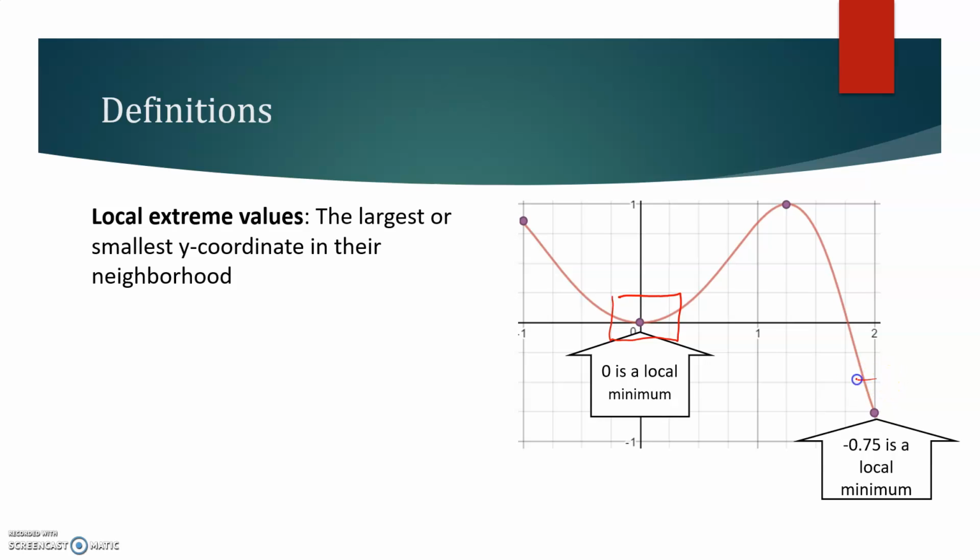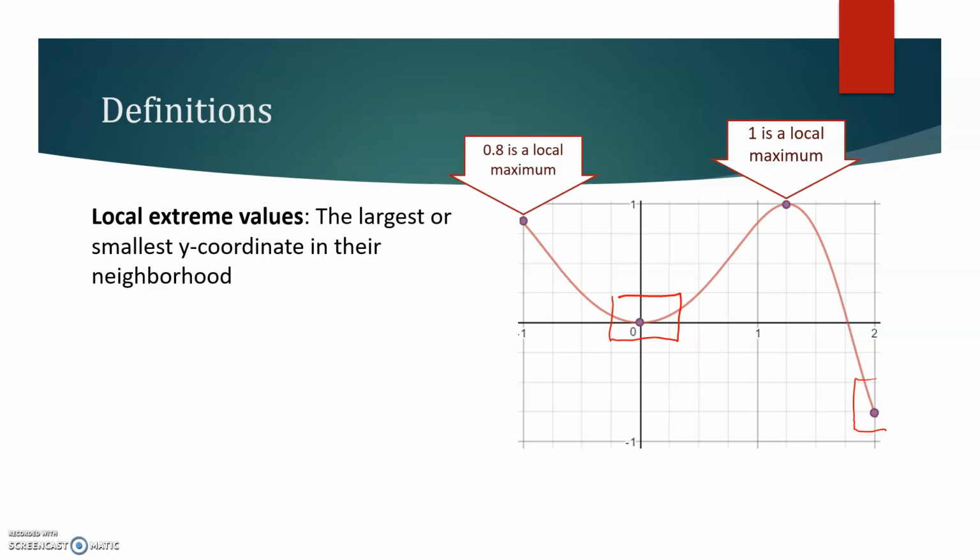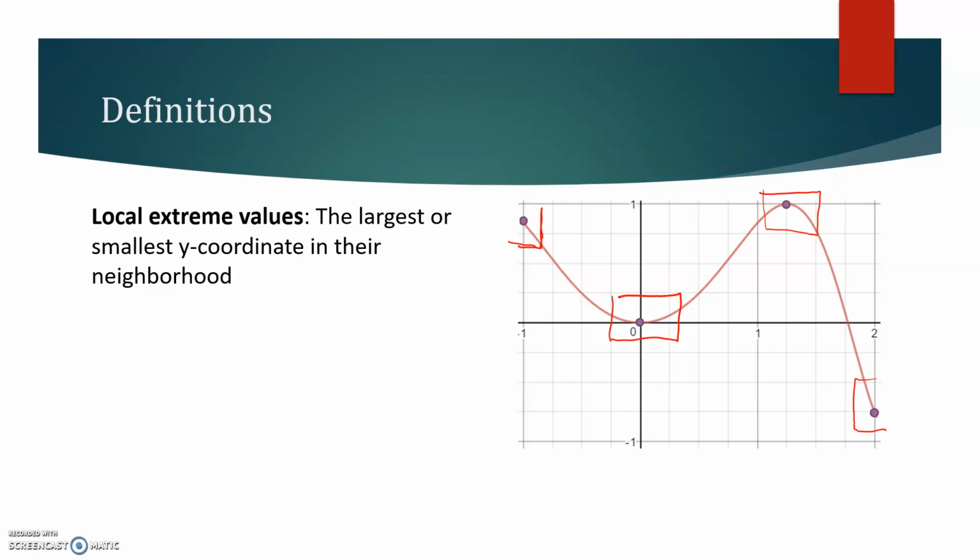And -0.75 is also a local minimum because in that region, that is the smallest value around. For maximum, 0.8 is a local maximum because in that little region it's the highest value, and 1 is a local maximum because in this region 1 is the highest y coordinate around. Those are local extreme values.